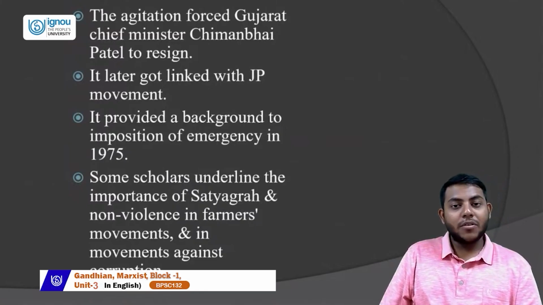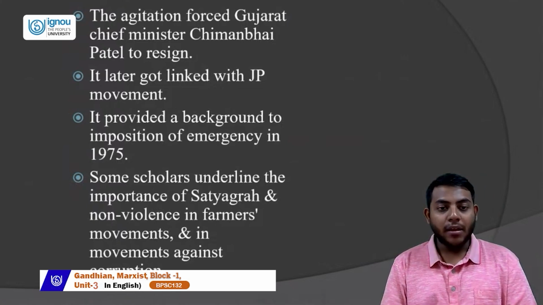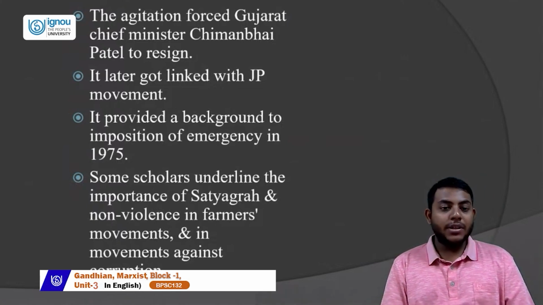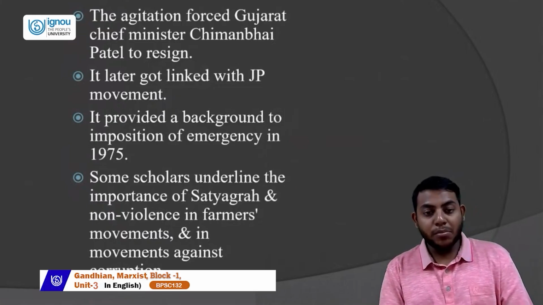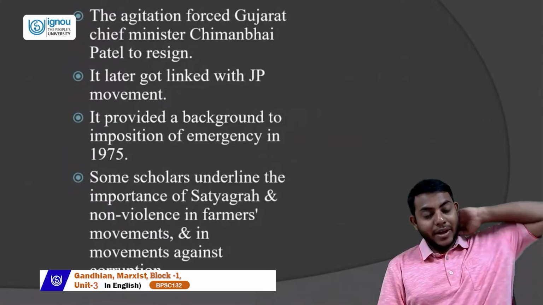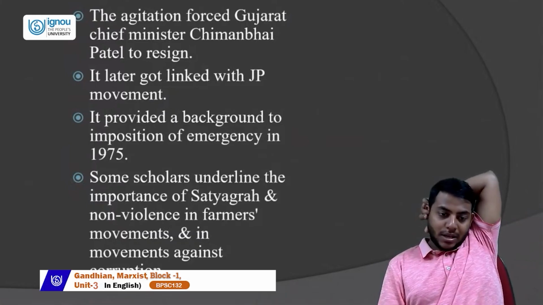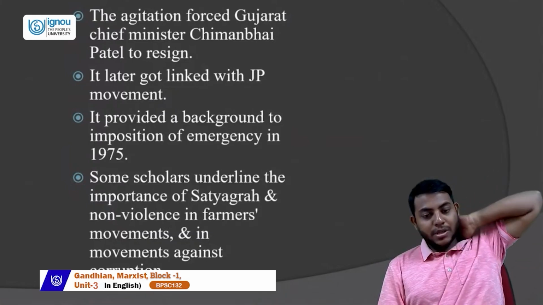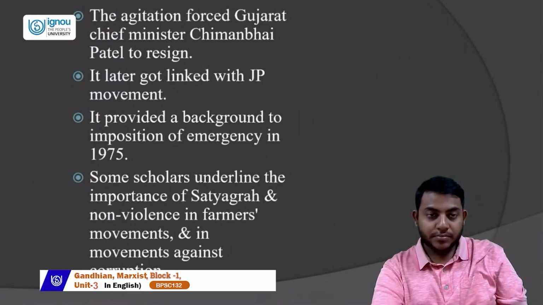The agitation forced Gujarat Chief Minister Chiman Bhai Patel to resign, and it later got linked with the JP movement. It provided a background to the imposition of emergency in 1975, and some scholars underline the importance of satyagraha and non-violence in farmers' movements and in movements against corruption.